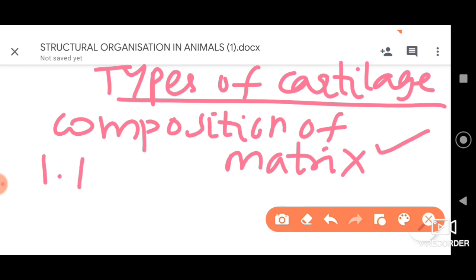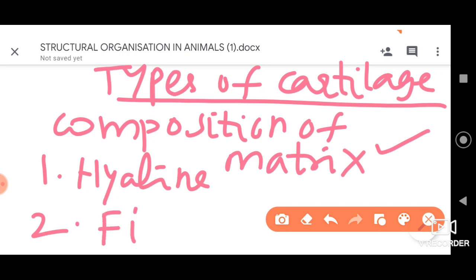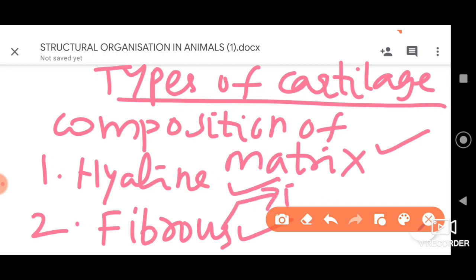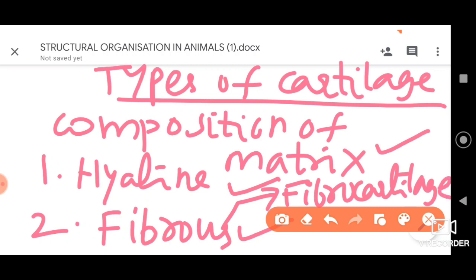The first one is hyaline cartilage, and the second type is fibrous cartilage. Dear students, fibrous cartilage can also be referred to as fibrocartilage.